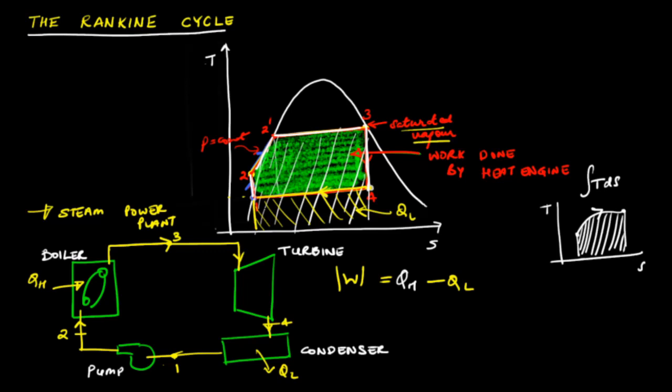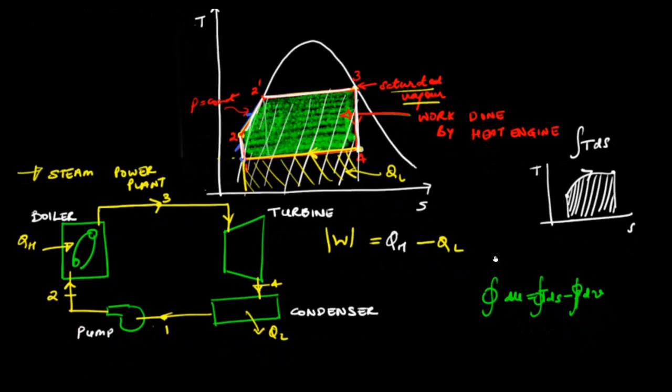Another way to see this is that if we consider a piston cylinder arrangement, then the work done by the system is PdV. Therefore, if we combine the first and the second laws, we have dU is TdS minus PdV. And for a cycle, if we integrate, the integral of an exact differential over the cycle is 0.